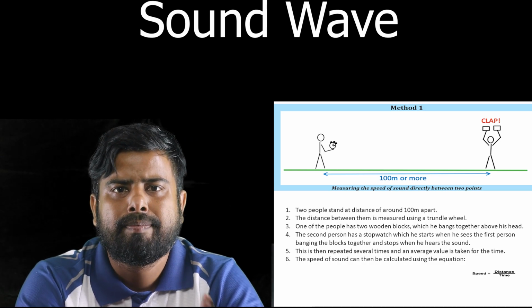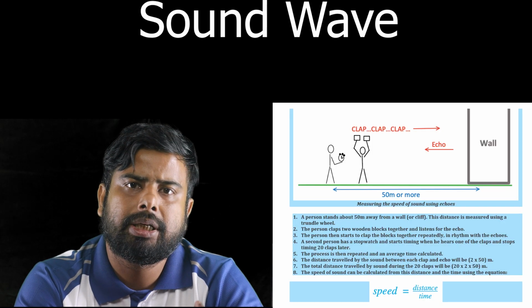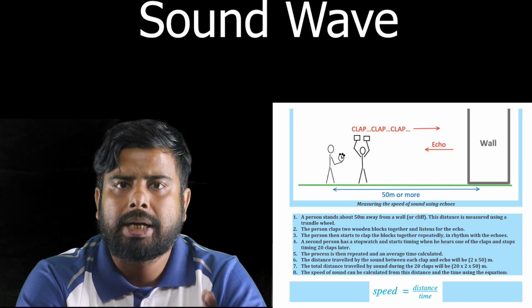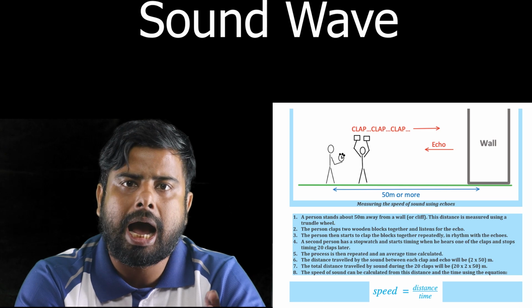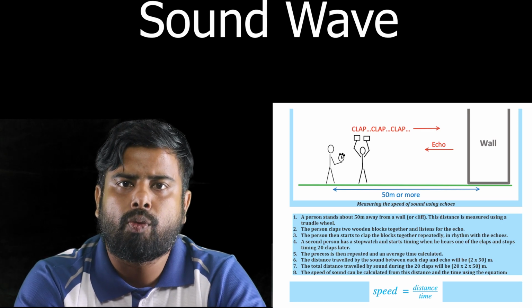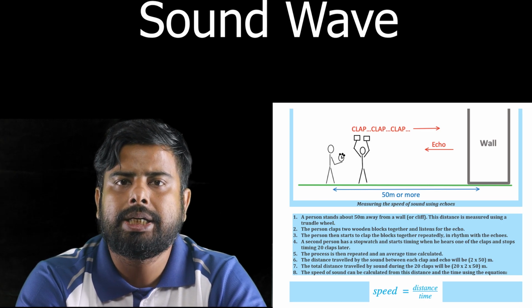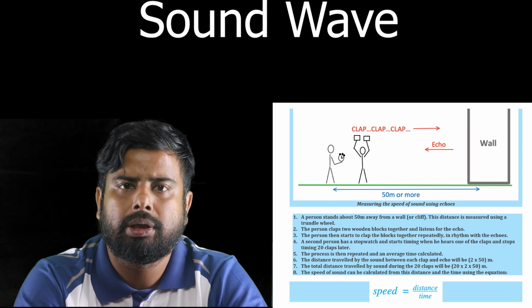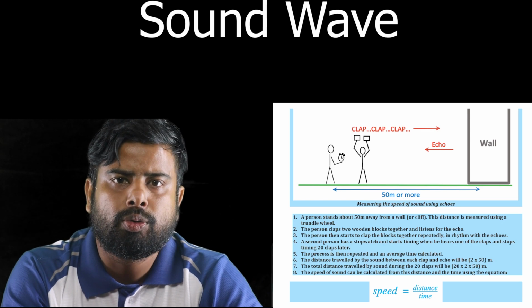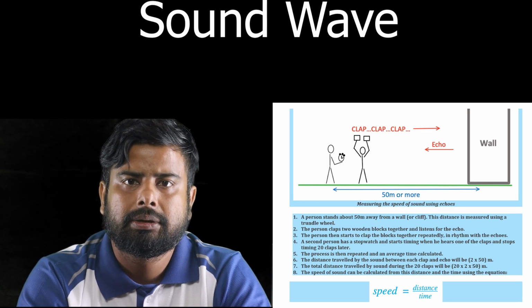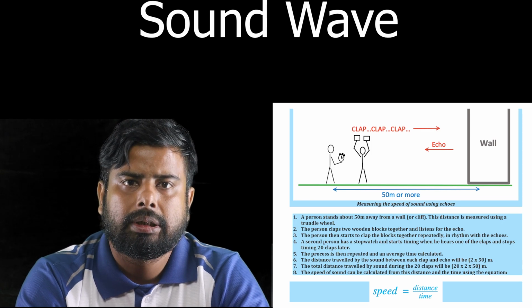Second method, measuring the speed of sound using echoes. A person stands about 100 meters away from a wall or cliff. This distance is measured using a measuring tape or trundle wheel. The person claps two wooden blocks together and listens for the echo.